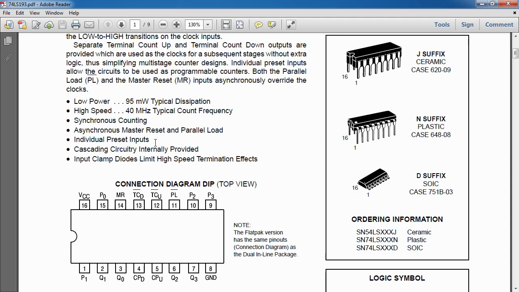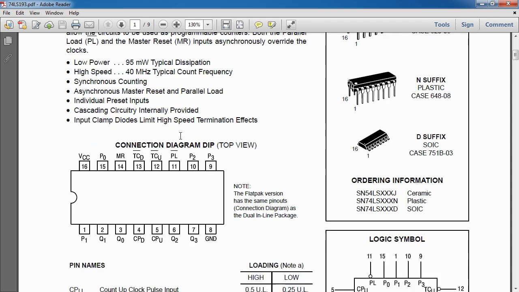We've got a master reset and a parallel load, so we can load a value directly into its internal latches via these P0 to P3 pins, and we can read out the current state with Q0 to Q3, and it also has the count up and down inputs with the equivalent carry ones that you can directly chain them on.